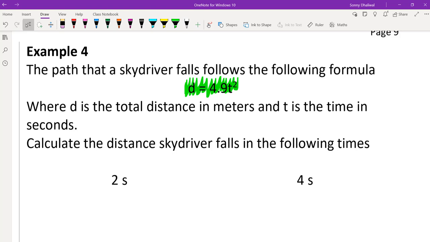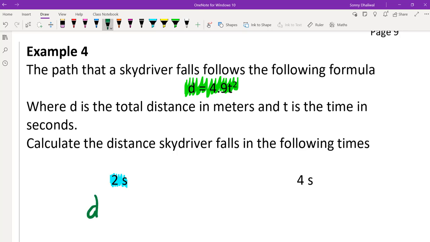Where D stands for total distance and T is time in seconds. Calculate the distance the skydiver falls in the following times. Right? So they're saying that for when time is 2 seconds, how far does he travel? All you're doing is using that equation and plugging in values.